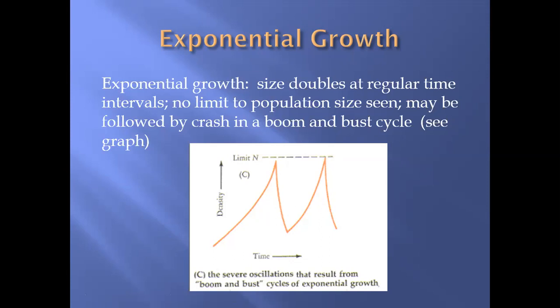Now our population is going to crash just as quickly, if not more quickly, as it grew, okay? Now, once we have fewer population numbers, let's say that their food supply returns or something, then they may begin to grow exponentially again and then crash again. This is something called a boom and bust cycle. It's not what we typically want to see, and it's also not what we typically do see in an area, but it can happen in certain conditions.